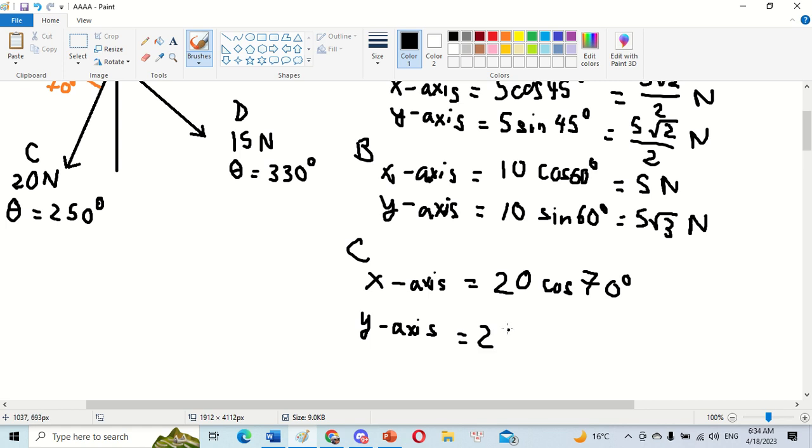For this one we have 20 with sine 70 degrees. So we calculate this one, and we got 6.84. This one here, we got 18.79.